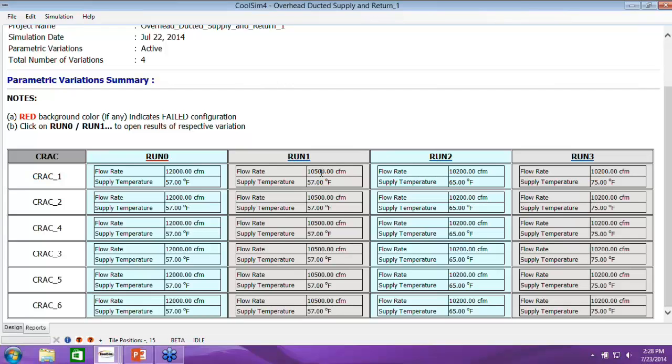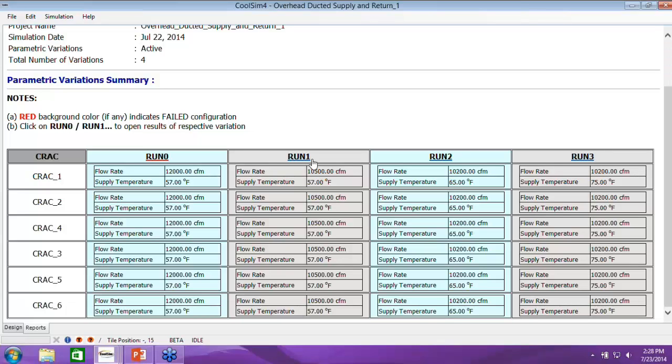So I take one step, and then run 2, I take another step. I move supply air temp up a little bit to 65 degrees. And then in run 3, I went directly for the exact RTI, 10,200, and I went to 75 degrees. So this is my optimal case over here, and I'm stepping to it.